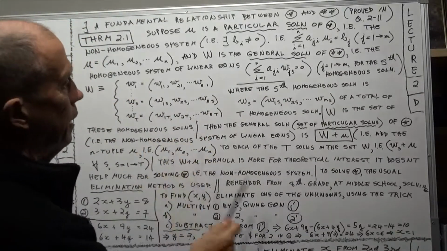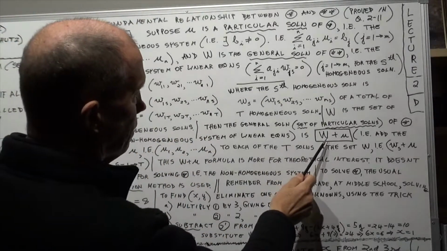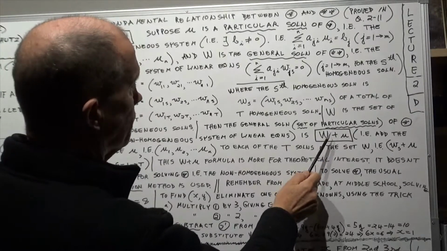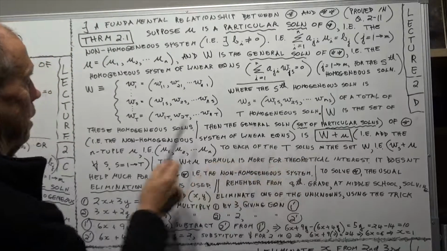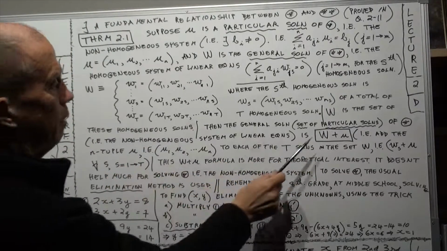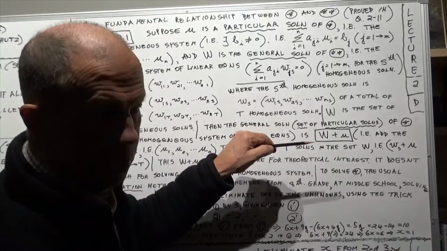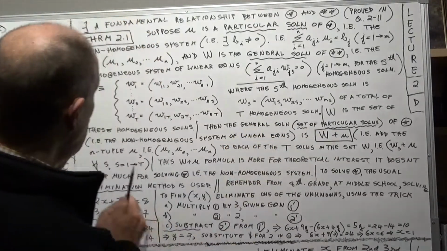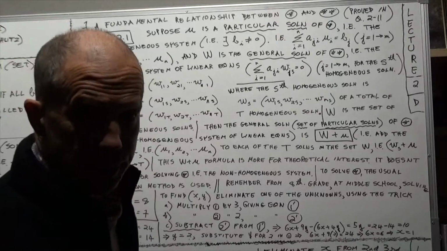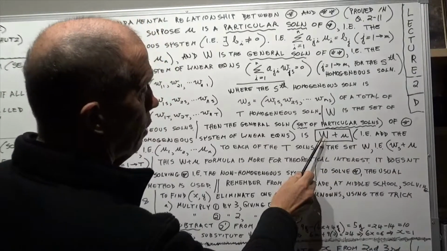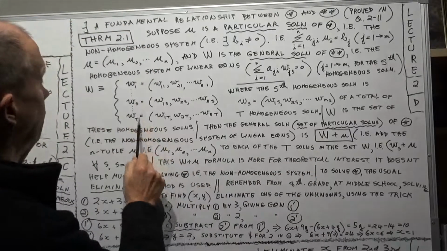So you would have then WS plus U, and the last one would be WT plus U. In other words, this is shorthand for T sums, where W ranges from 1 to T.